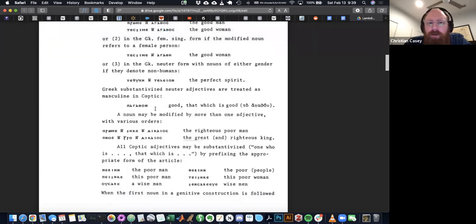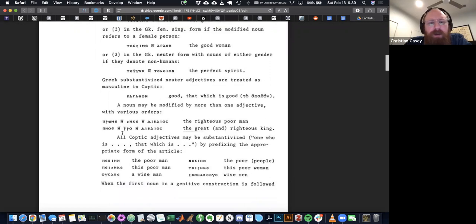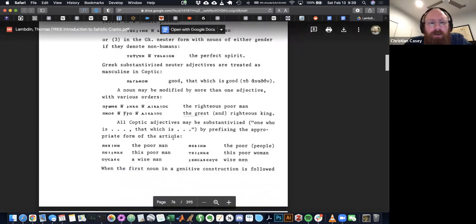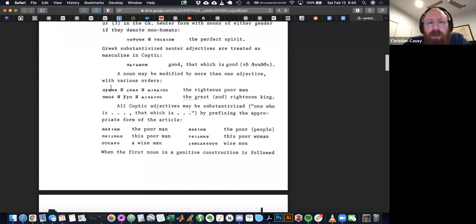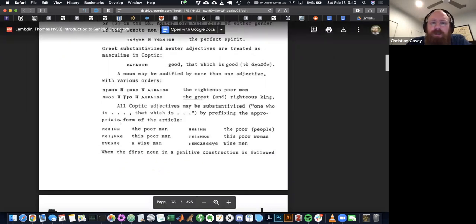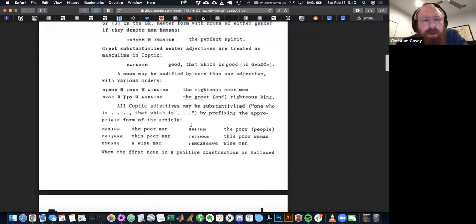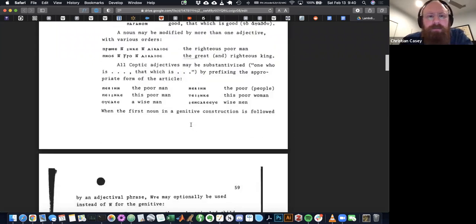And then of course you can use a substantivized adjective, which kind of goes hand in hand with saying that all the adjectives are really nouns. So pagathon, the good one. And then you can have more than one adjective, as always. Prome n-heike n-dikaios, the poor just man, panoch n-ero n-dikaios, the great and just king. Let's see.